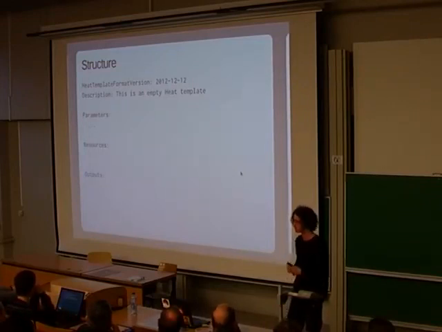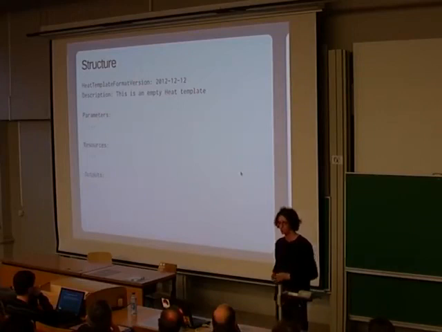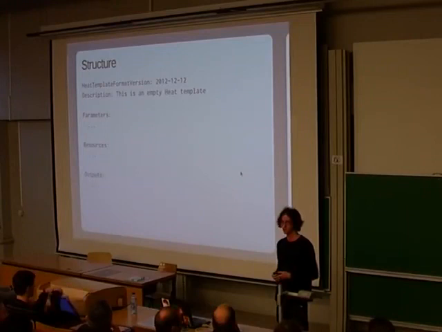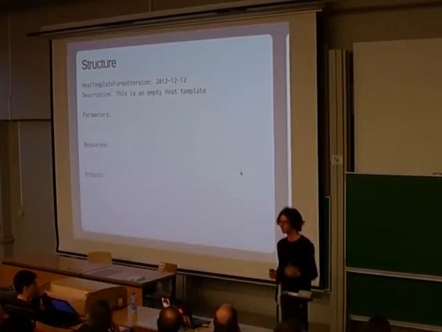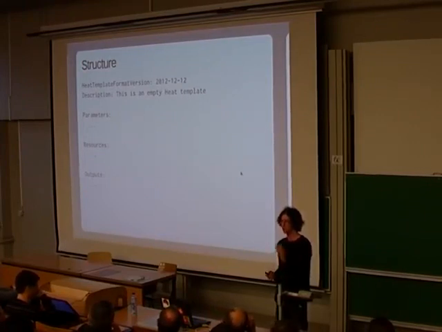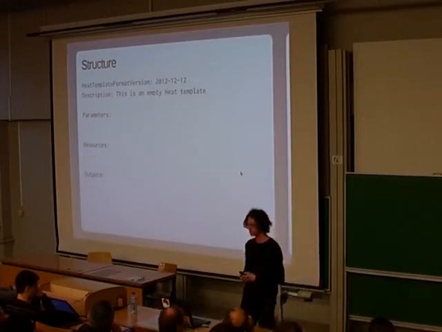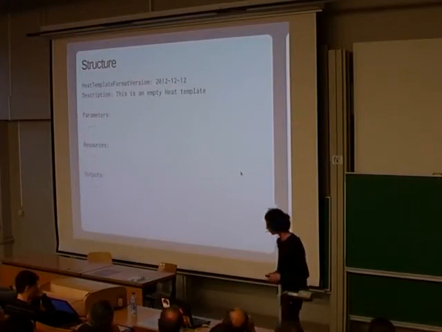These would be things you don't want or can't have hard-coded, such as the Nova SSH key name that you're going to use to SSH into an instance, or the Nova flavors parameterized so that you can use the same template for smaller or larger instances, put that in the parameters and then reference it.